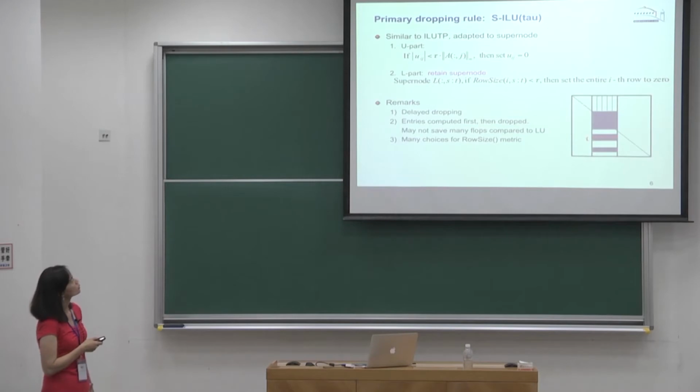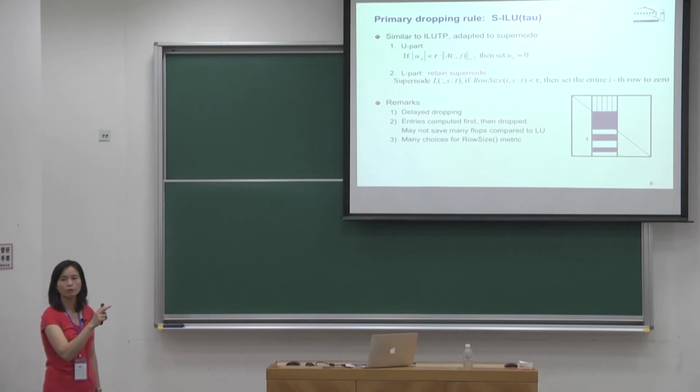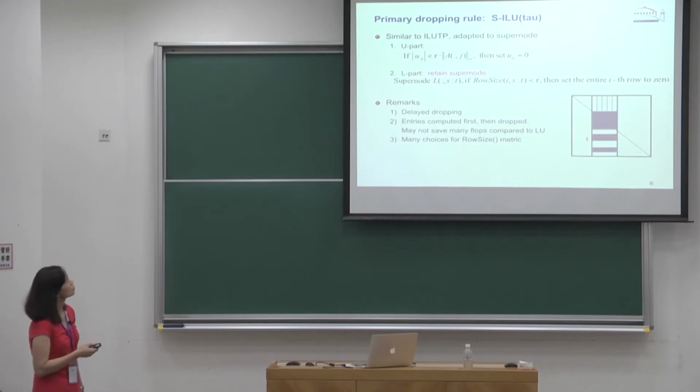And what we are trying to do is really to see whether we can just look at the entire row of the supernode and design some metric. Say we drop the entire row. So if this ith row is removed, we still maintain the supernode, right? But then, of course, you need to look at the metric for this. What do you mean by this row is small, that I can drop?